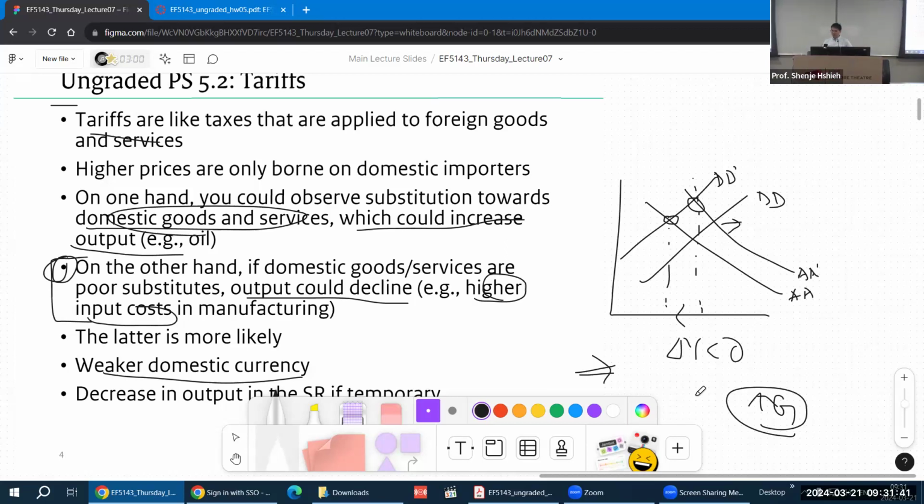For a tax increase, which means it's hard to switch from foreign to domestic goods, you get the opposite effect. You get a weaker currency and a negative output effect. In the permanent case, you get just the depreciation of the currency and zero output, right? So the predictions are reversed. Okay, so that's question 2.